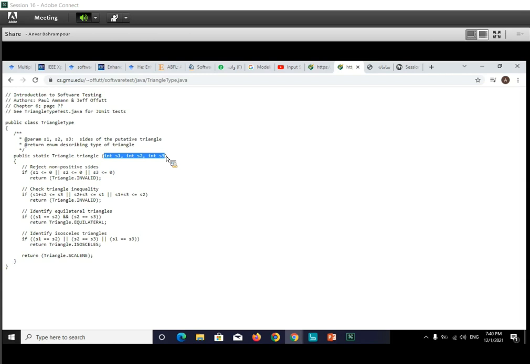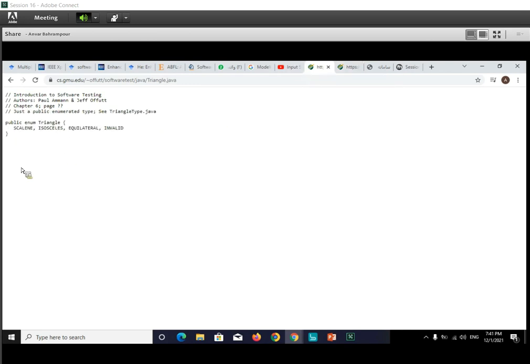As you know, we could have three types of triangles, which consist of the scalene triangle, the isosceles triangle, and the equilateral triangle.